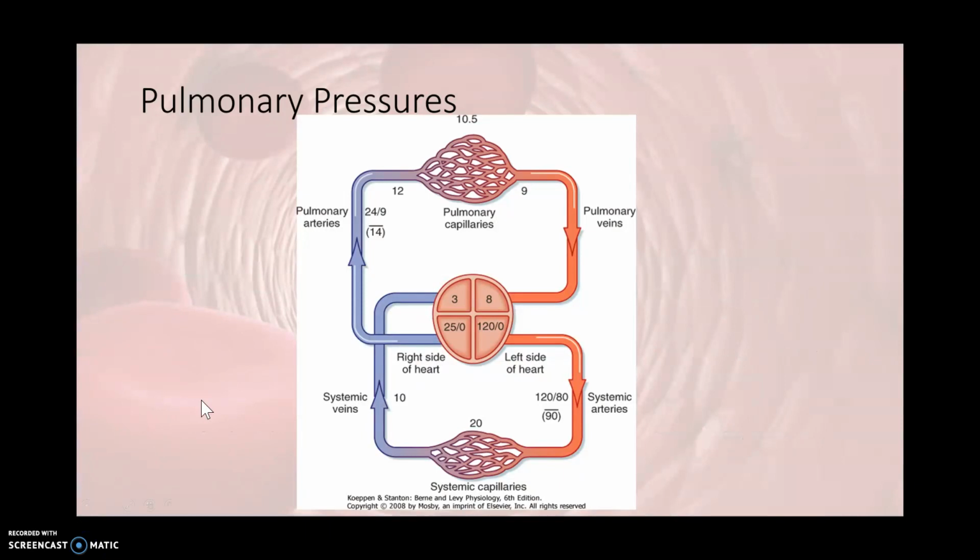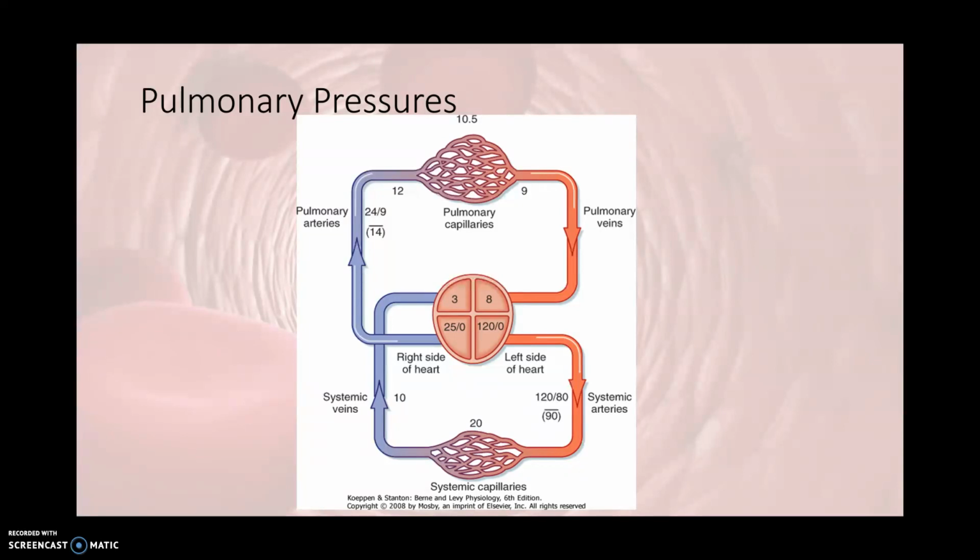Okay, so we're going to continue talking about different pressures, but now we're going to be talking about pulmonary pressures and how this governs movement of fluid through our vessels. The pressure in the right atrium is about 3 millimeters of mercury, and the right ventricle is about 25.